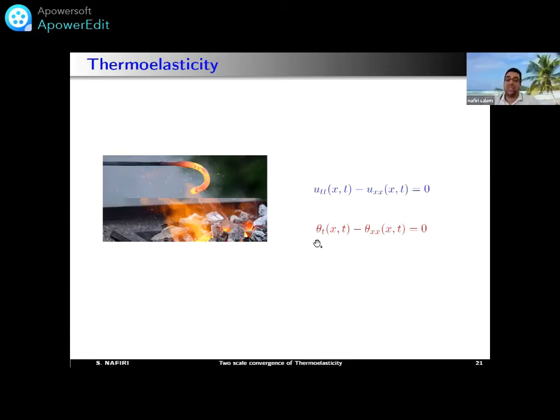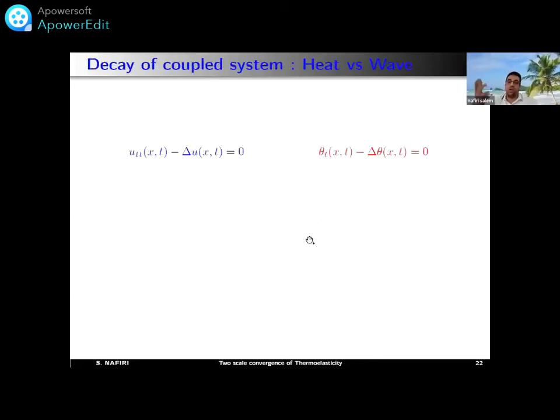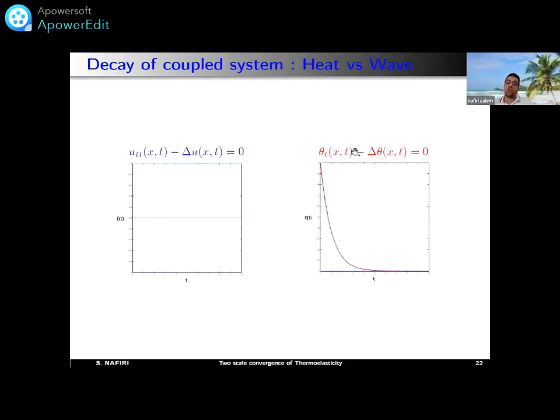But in order to show this generation of wave and heat, we have to couple these two equations. Before coupling them, I have to say something about wave and heat. We already know that the wave equation has a conservative energy, it is a Hamiltonian equation, and the heat equation has an exponential behavior.